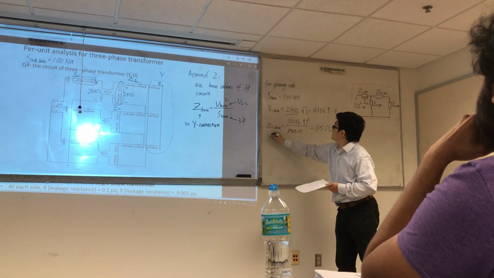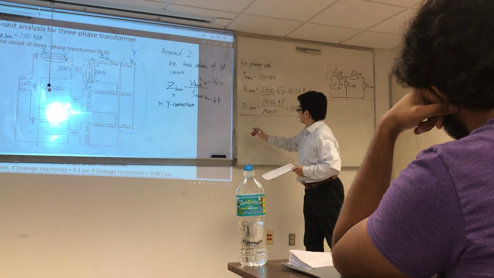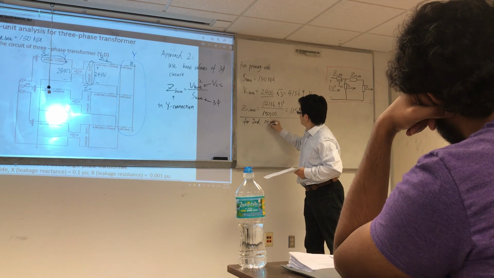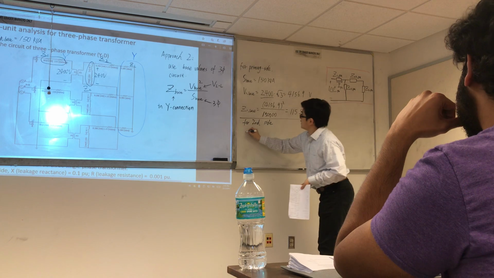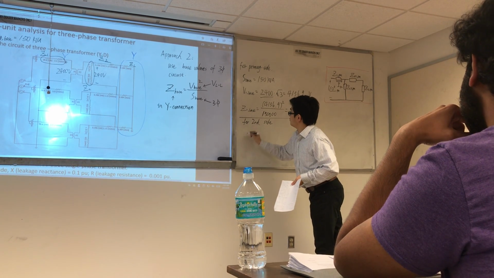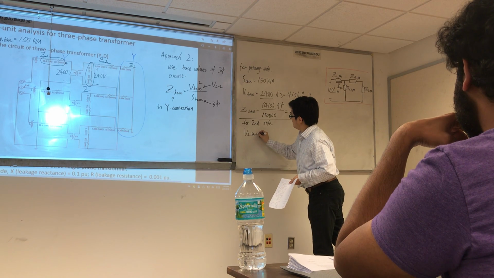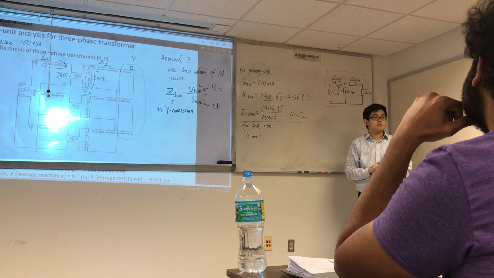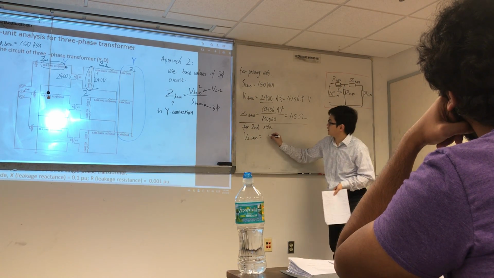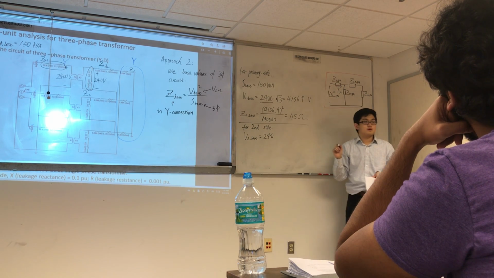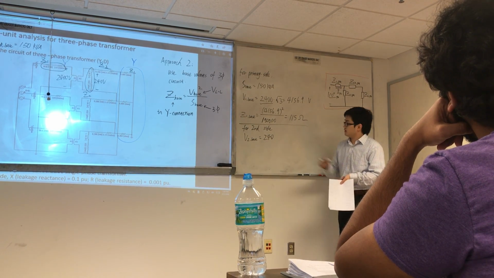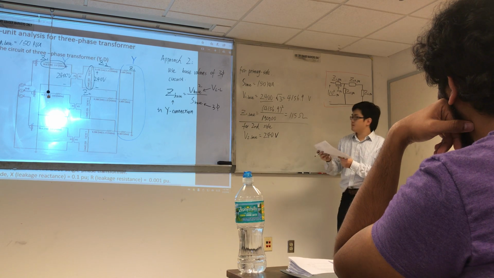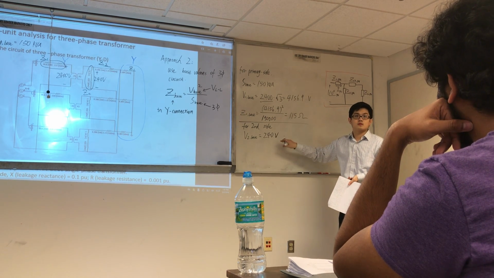But for the secondary side, what's your V base? Your S base is the same, so what's your V base? It's 240 or 240 times square root 3? Yeah, it's just 240. Well, yeah, it's delta connection. This delta connection means this voltage is already line-to-line voltage.